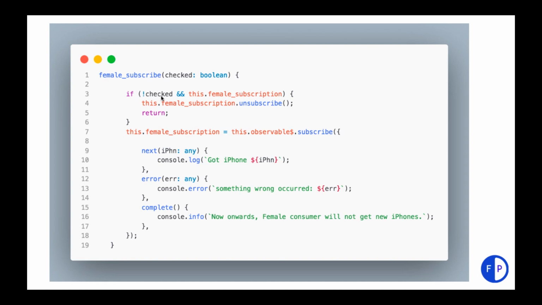If it is not, it also checks whether it has been subscribed earlier or not. If it is already subscribed and she unchecked it, I mean the female subscriber says, I do not want further iPhones, I need to stop this.